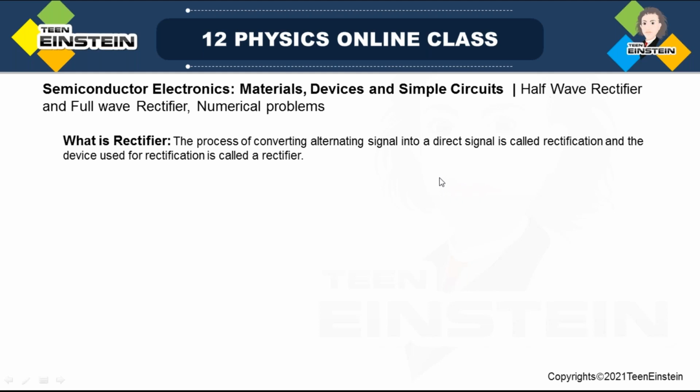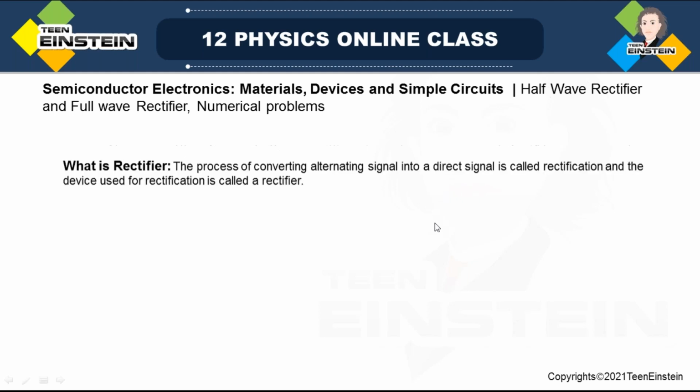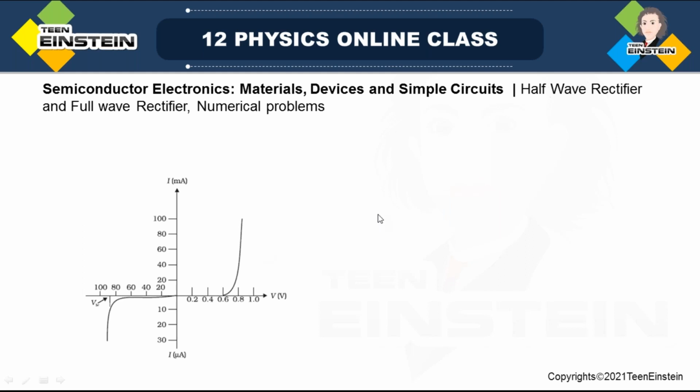So the diode, you might be remembering an ideal diode, in case of forward and reverse bias, what we have seen. Suppose this is an ideal PN junction diode. Ideal means what?